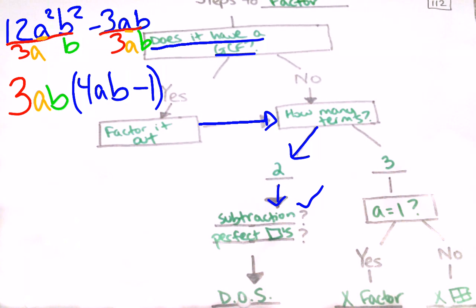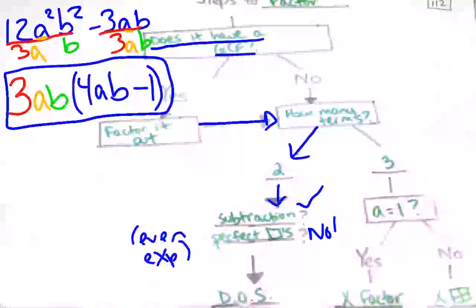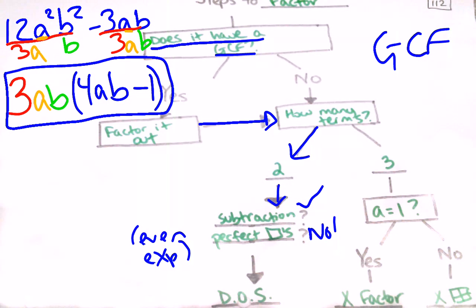Yes. Do I have perfect squares, which includes even exponents? The answer is no. So I'm done, and I don't have to factor anymore. So my solution would be 3ab times 4ab minus 1, but for today, all we need is that we need to factor out a GCF. So that's my answer for the first question.